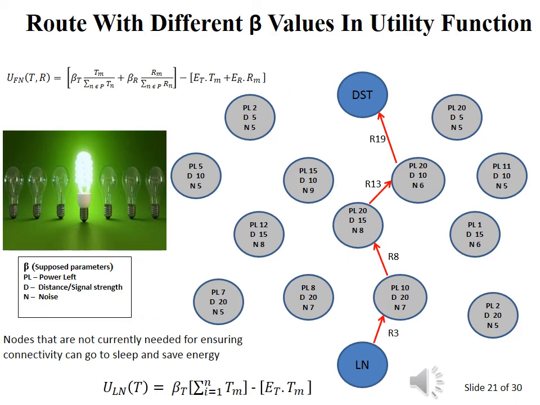Dear students, look into the diagram. This is the main result of our work, that is, after applying the third game, the leader and follower game, in which by calculating the values of the utility function for each and every node, and selecting the required node with the help of the beta value, one can find the most suitable route in the network environment of the sensor nodes.